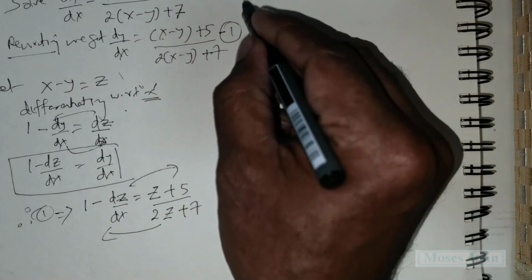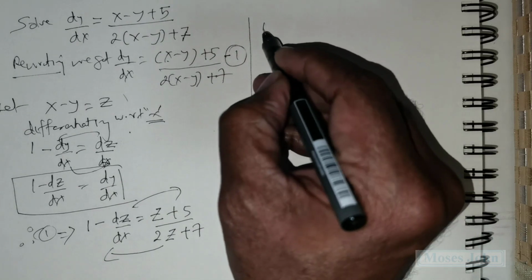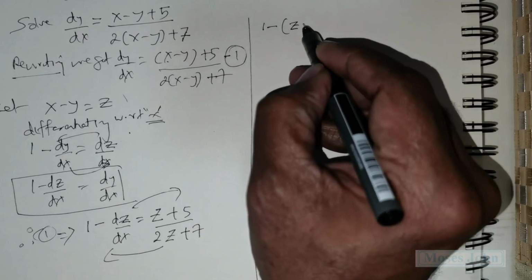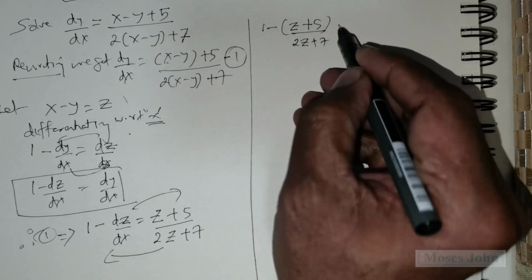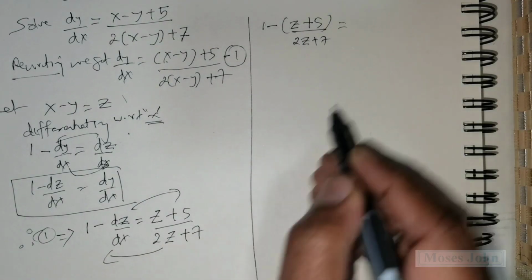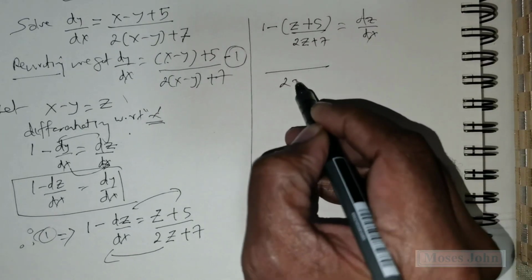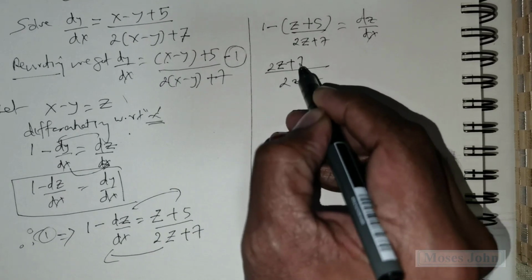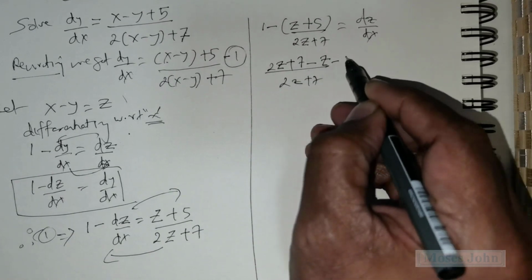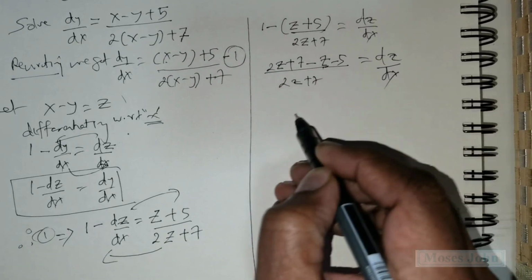So this is going to be 1 − (z + 5) / (2(z + 7)) = dz/dx. Taking the LCM as 2(z + 7), this is (2z + 7 − z − 5) divided by (2(z + 7)), equal to dz/dx.